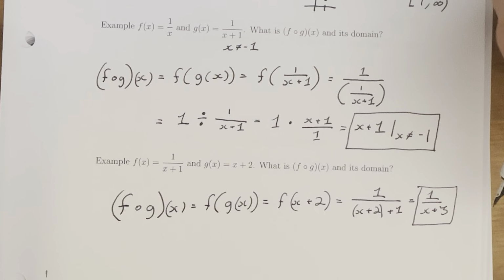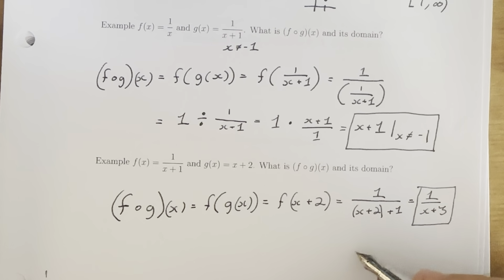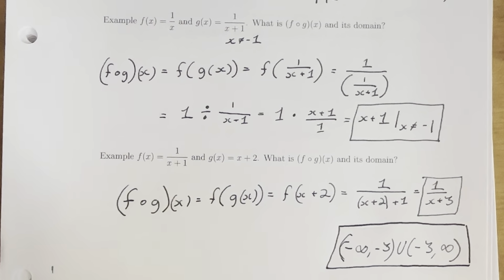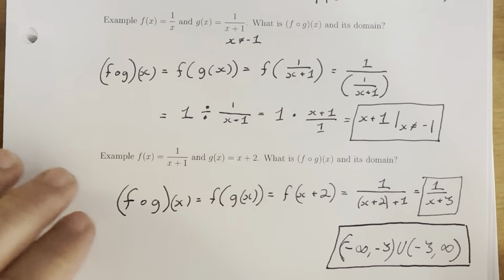And so our domain goes from -infinity to -3, union -3 to infinity. Okay.